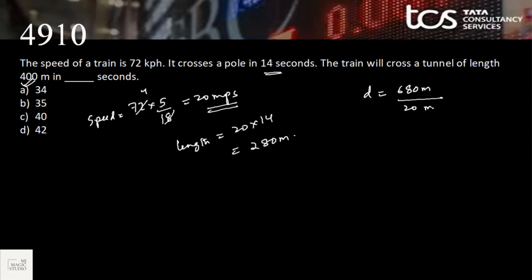And its speed is 20 meter per second. So time to cross this would take 34 seconds. Fill in the blanks. Here we should have 34. That is in option A.